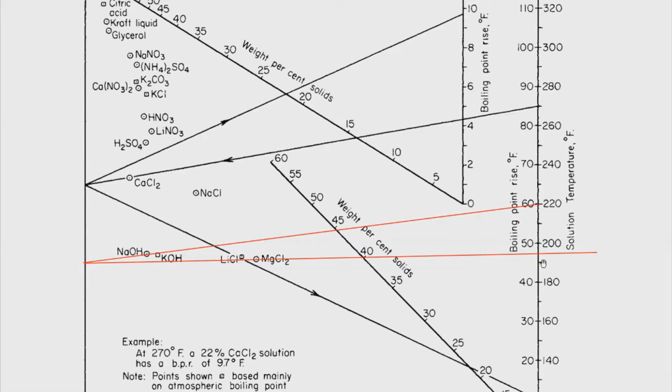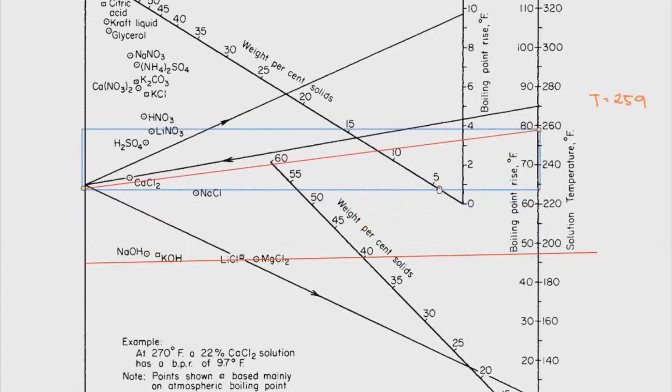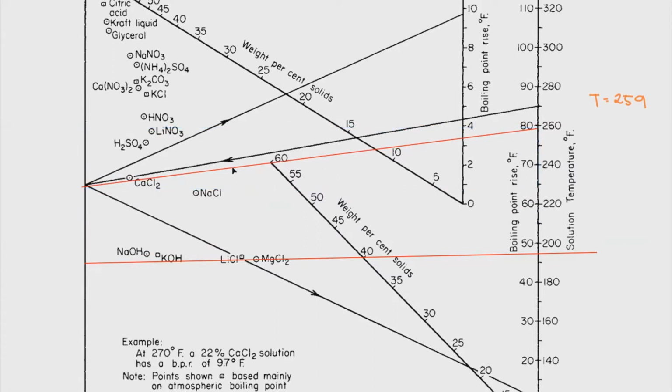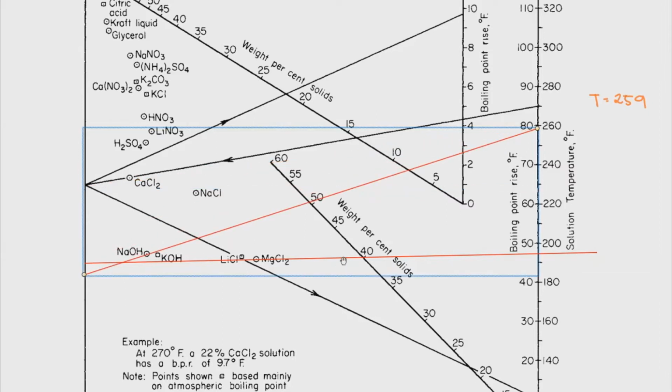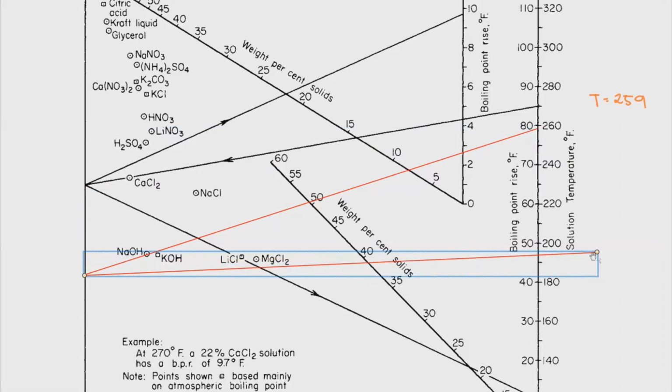If it's 47, then we add that to 212, so we have the temperature 259. So in this case, T is equal to 259. That's quite a huge leap from the initial value, and it's really close to 260. Let's make it closer. So that's 259, and let's project this to sodium hydroxide.